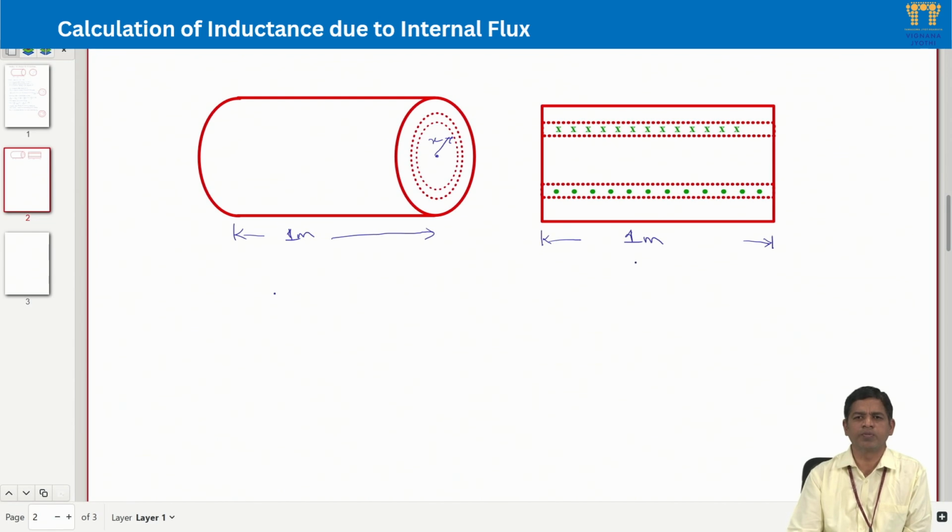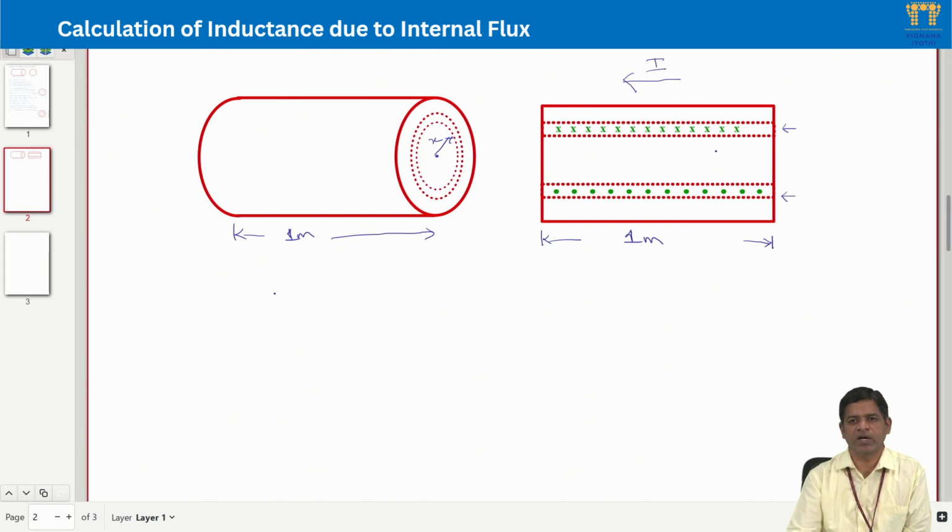So this length will also be same, which is 1 meter, but this view is exactly the side view. Now if I assume the current to flow from right to left in this manner, if I take this as the current direction, now if I apply thumb rule, the flux in this top portion will enter into the conductor, and in this bottom portion it will leave the conductor.